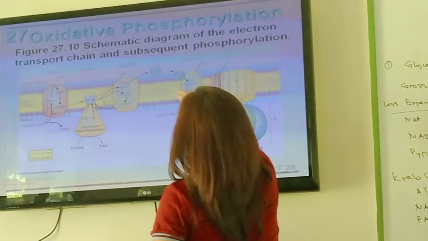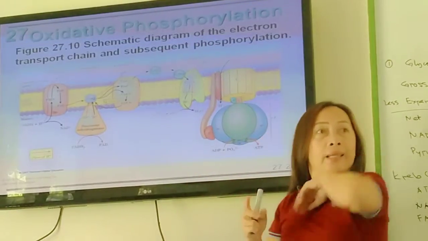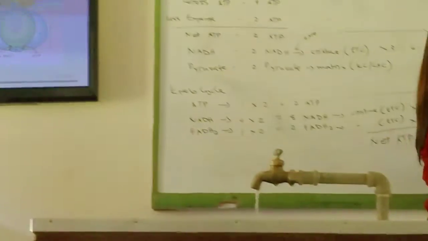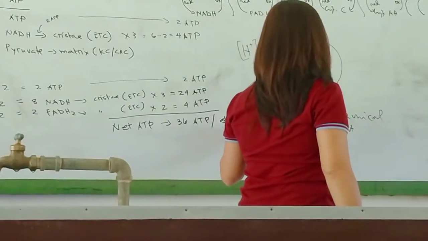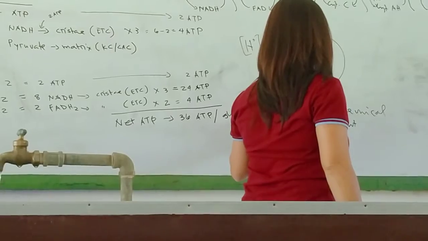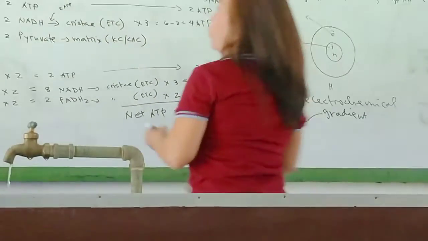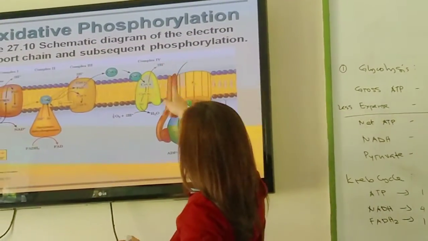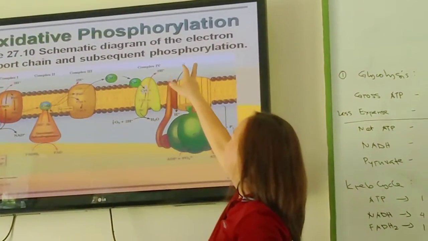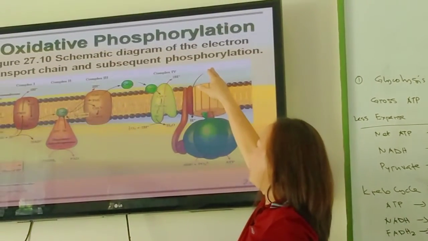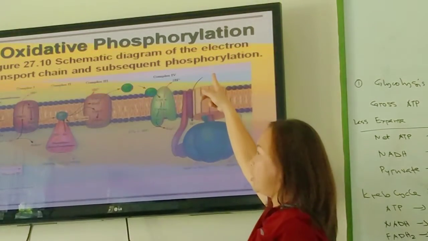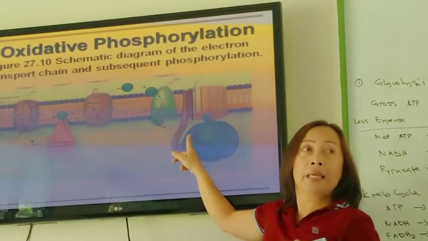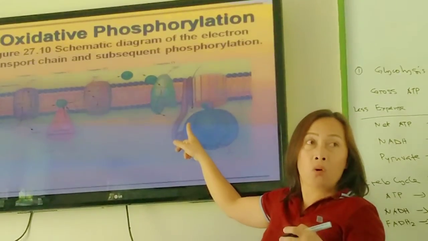As a result, that energy that is created, because this electrochemical gradient produces energy. Energy that will pump these protons. So you have here that gradient, electrochemical gradient, will pump the protons back to the inside of the mitochondrion.